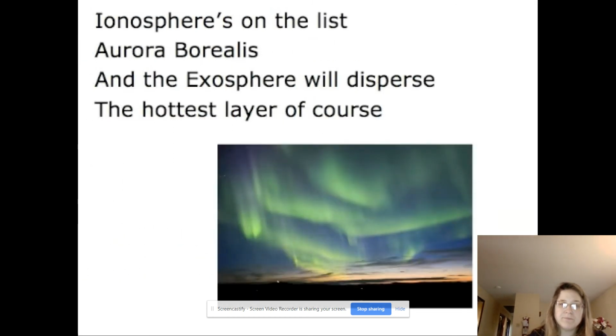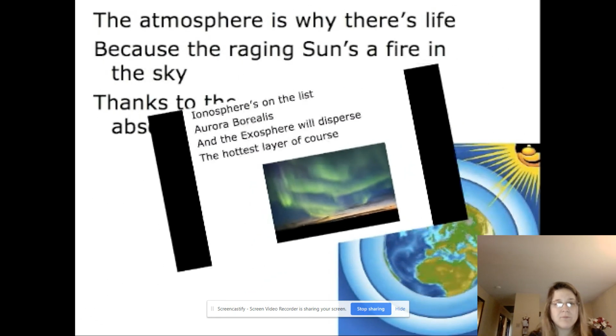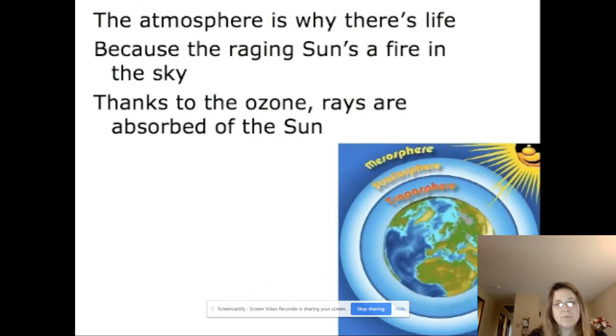Ionosphere's on the list, Aurora Borealis, and the exosphere will disperse, the hottest layer, of course. The atmosphere is why there's life, because of the raging suns of fire in the sky.